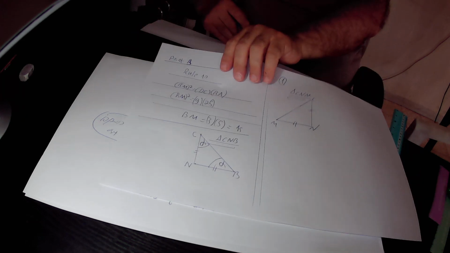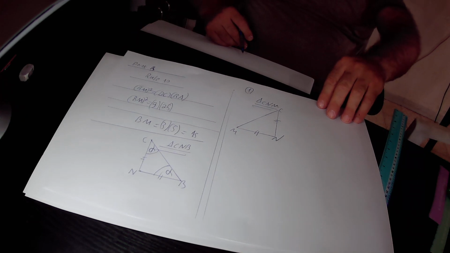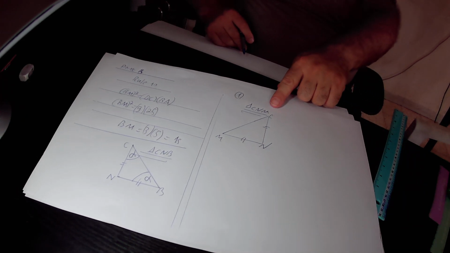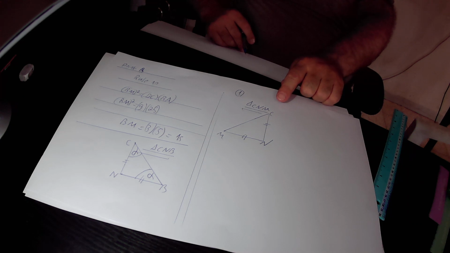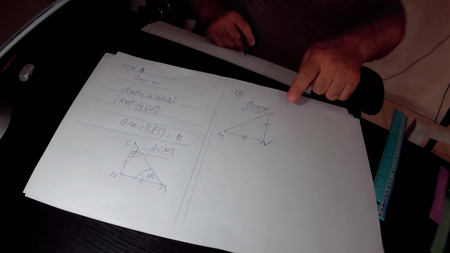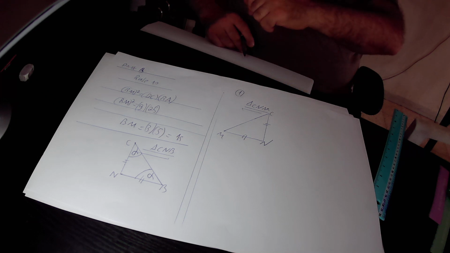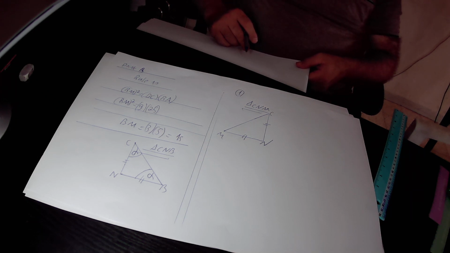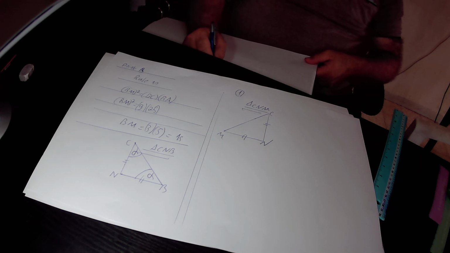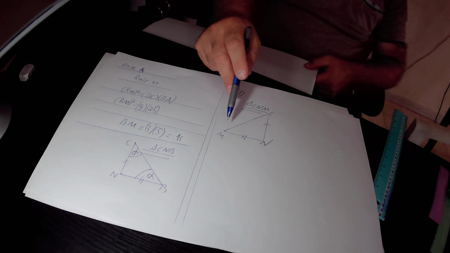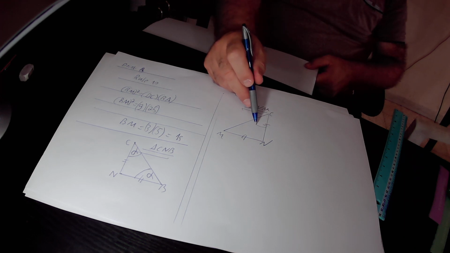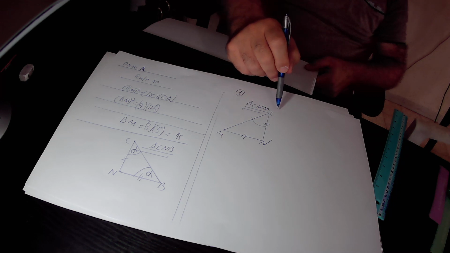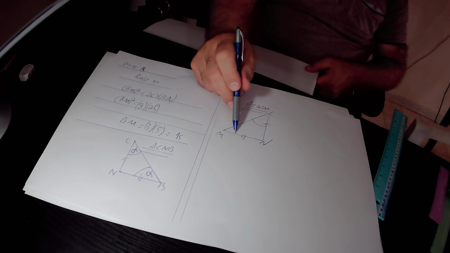So actually, this is triangle CNM that, according to the original drawing, we already found out that according to rule 2, side CN equals side NM. And according to the rule that says that in front of equal sides in the triangle there are equal angles, in front of this side NM we have this angle, and in front of this side CN we have this angle.